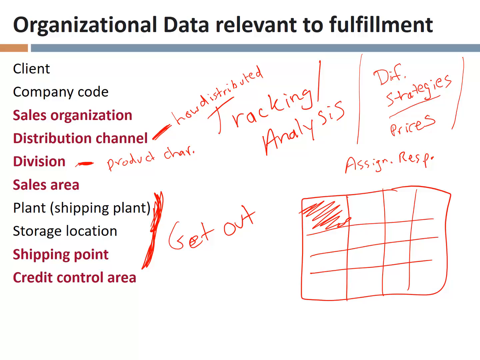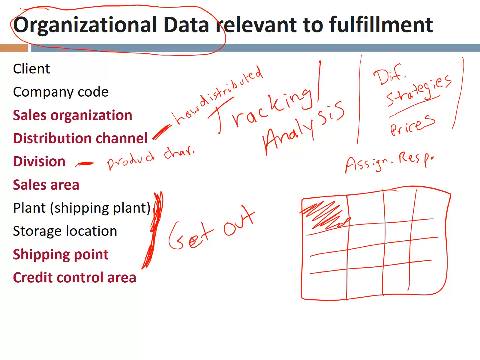Keep in mind that organizational data in general is all about being able to keep track of where things happened and who's responsible for work that is being done. And so this is an illustration of that. We have different types of organizational data that are relevant here, based on different tasks that are part of the fulfillment process.